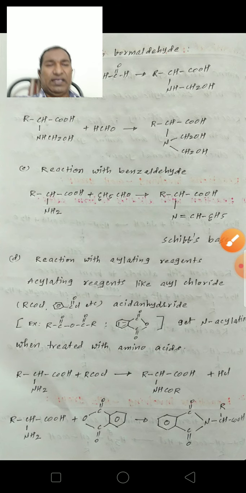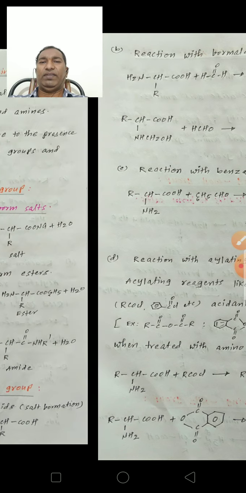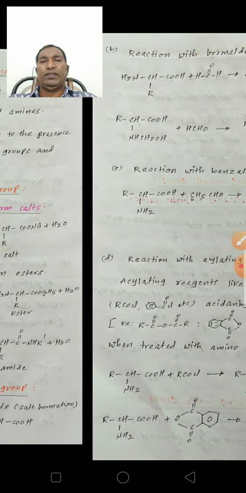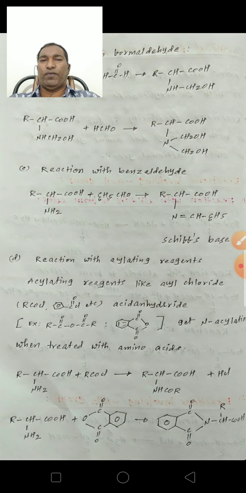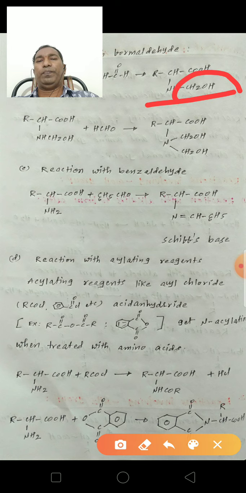See here, the second reaction is reaction with formaldehyde. This amino acid reacts with formaldehyde to form this compound. A formyl group is added to the amine group, the nitrogen of the amino acid.